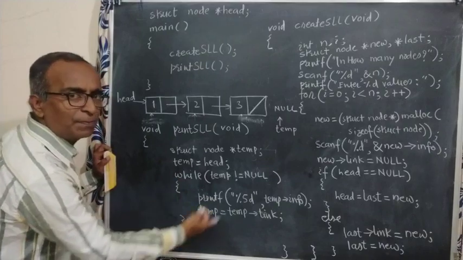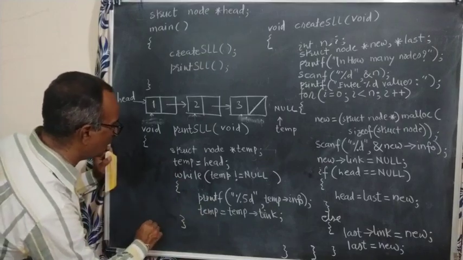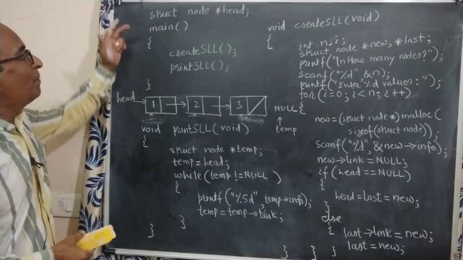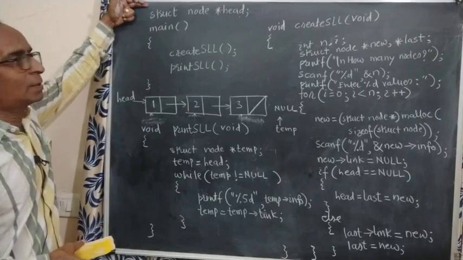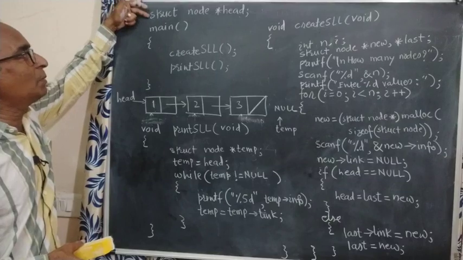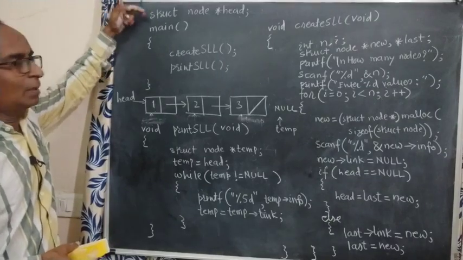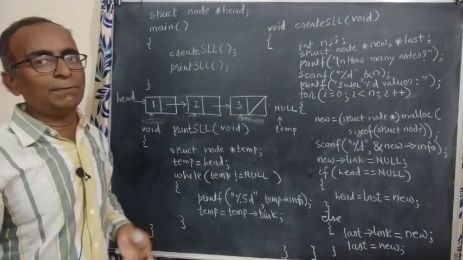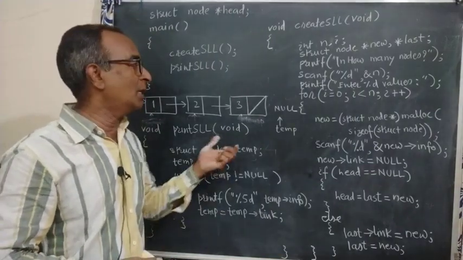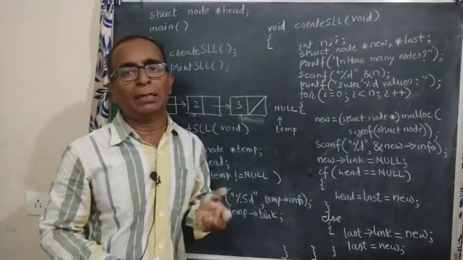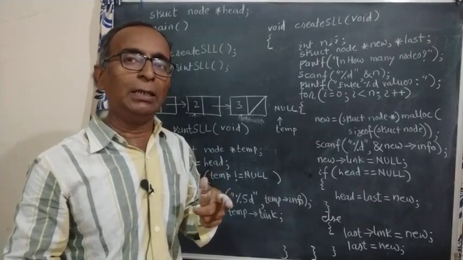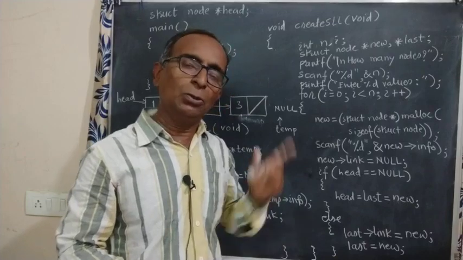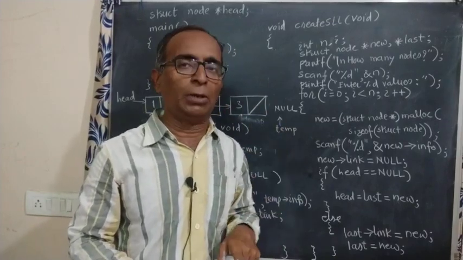This will print the entire linked list. That's it, print linked list is over. Now, before this, you have to declare your structure. First, the header files. As we are using printf and scanf, which are defined in stdio.h, the standard IO library, we have to include stdio.h.